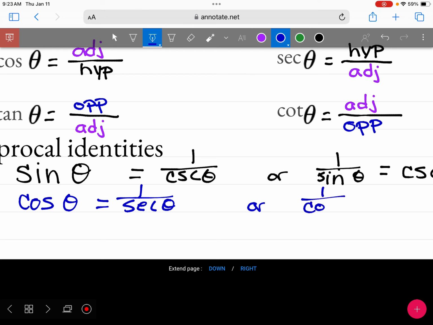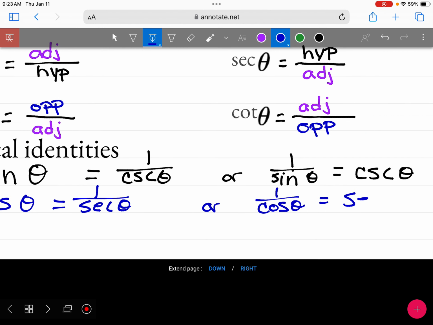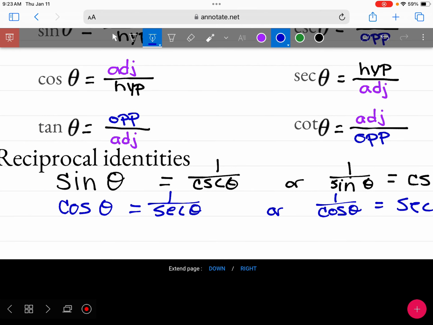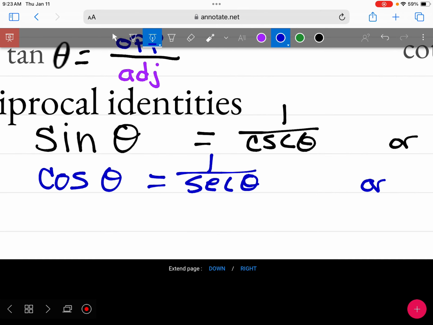Or 1 over cosine is the same thing as secant. I have a bad habit of not saying the theta. All of those have a theta. Cosine of theta and 1 over secant theta. 1 over cosine theta is the same thing as secant theta. They are reciprocals of each other. They're all related. They just look at our angles from a slightly different perspective.